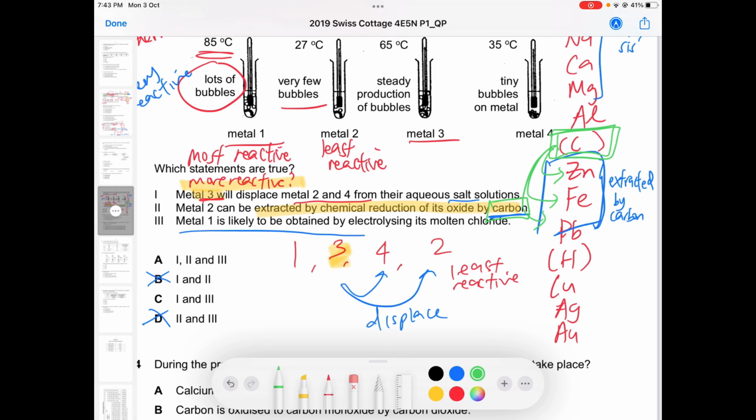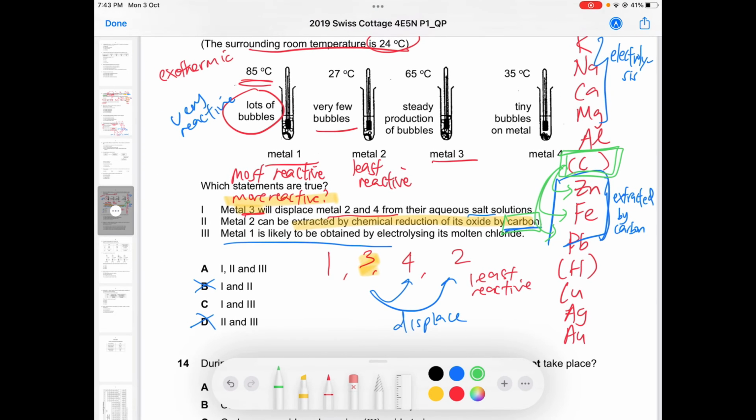They also react with acid, so they are moderately reactive. They are the least reactive, but they are still reacting with acid because they are above hydrogen. So I repeat, zinc, iron, lead, they are above hydrogen, meaning they can react with acid. They are below carbon, that's why carbon can displace them out from the oxide. So the best answer is A.